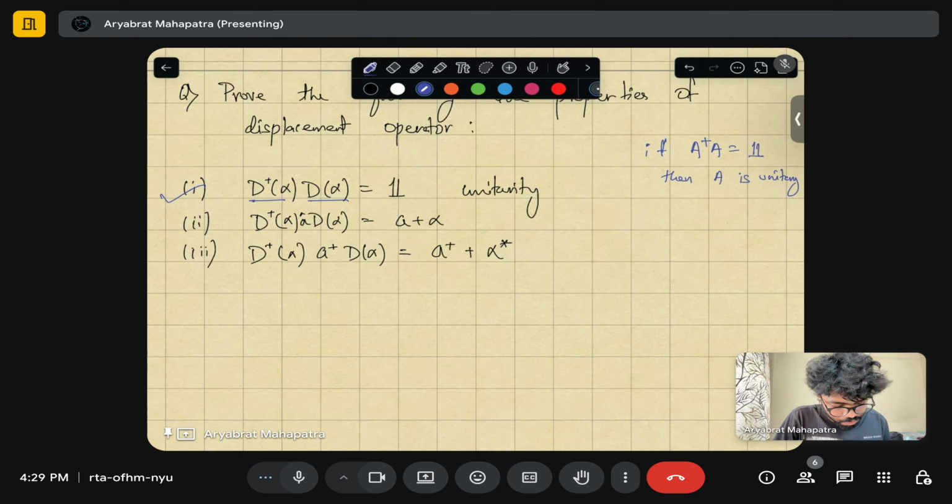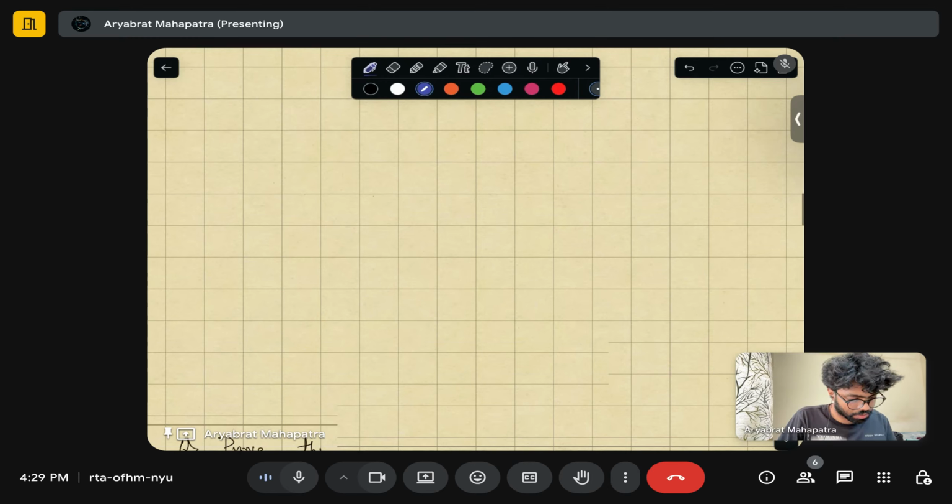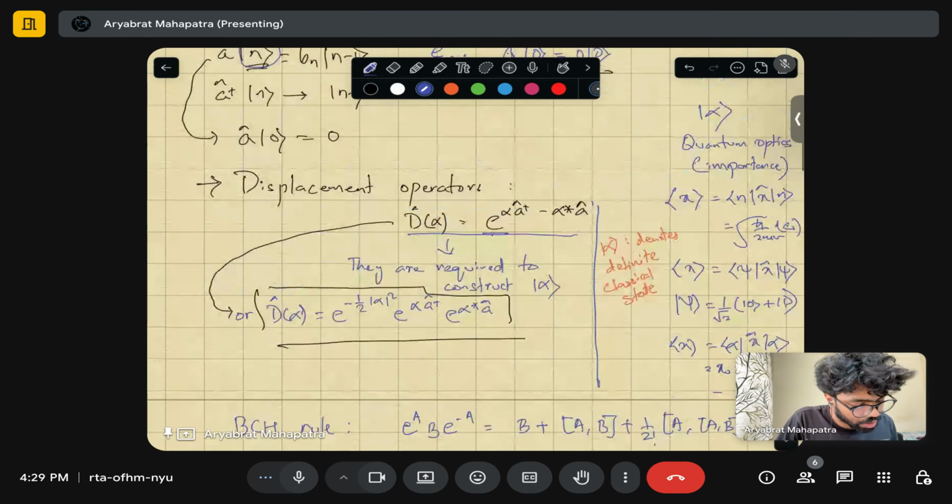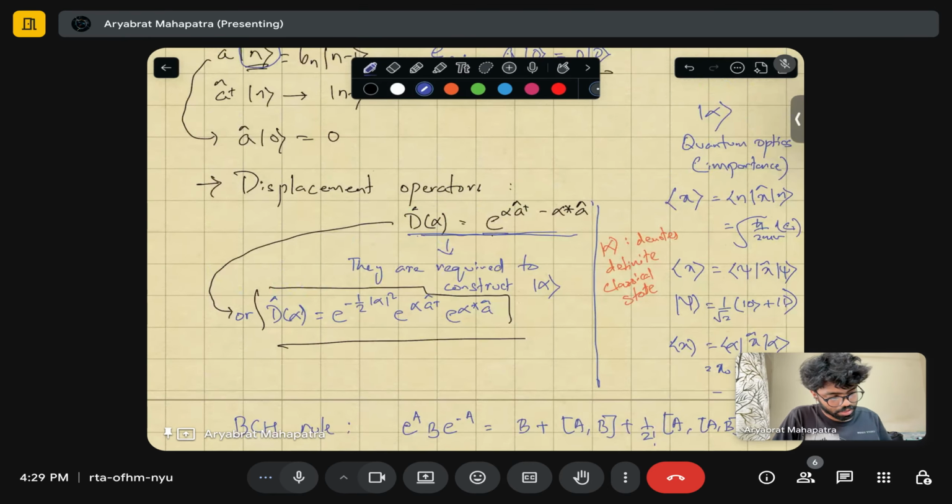So D of alpha is e to the power alpha a dagger minus alpha star a. This is how we defined the displacement operator at the start.